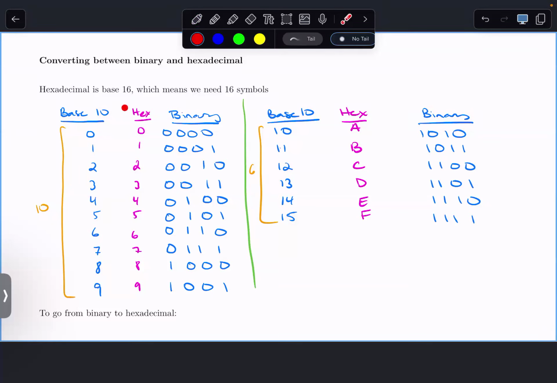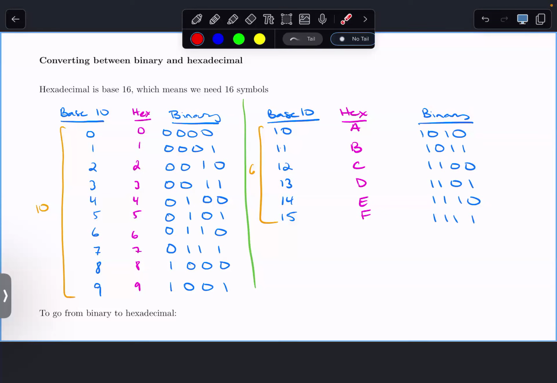And I know hex is for colors, right? I think it's mainly for colors. I'm sure there are other things you could use it for, but not my domain. We do need 16 symbols.